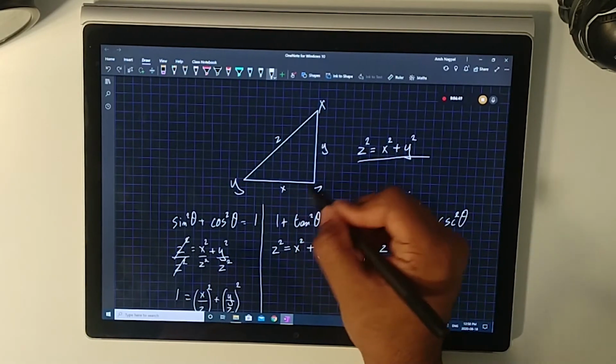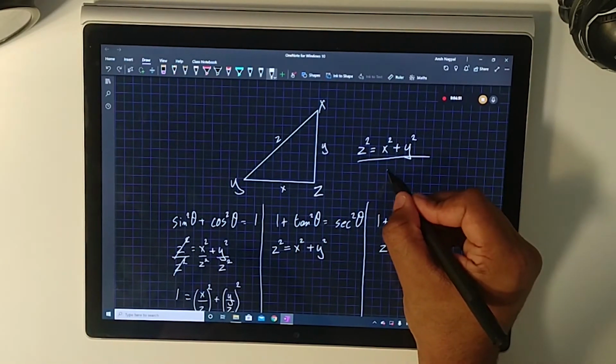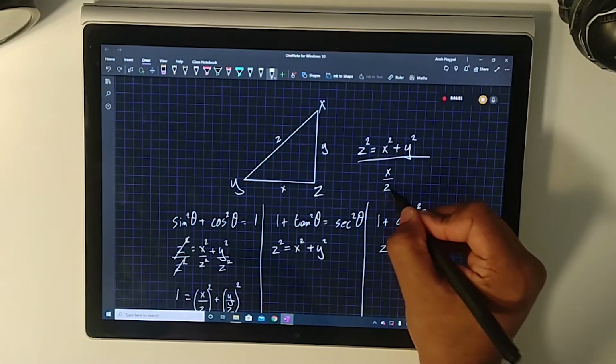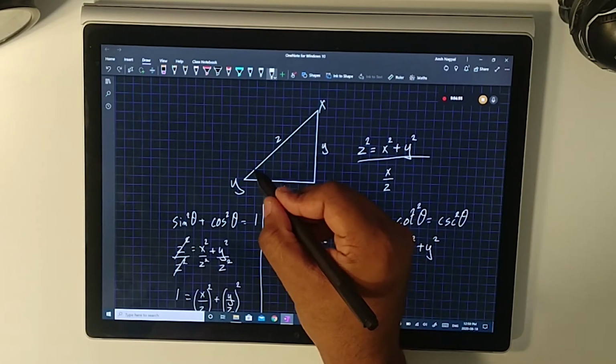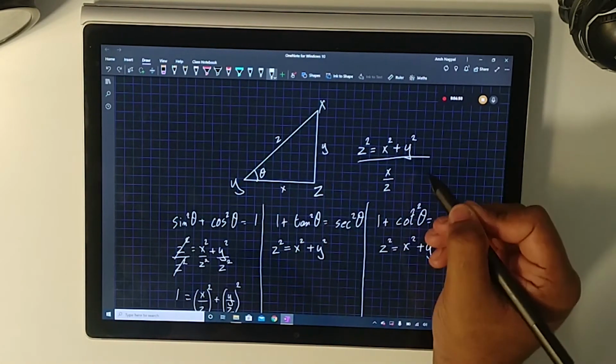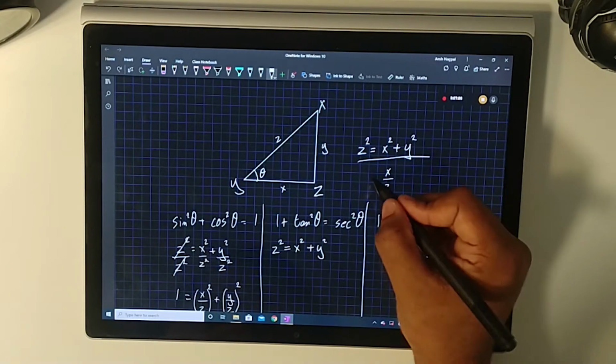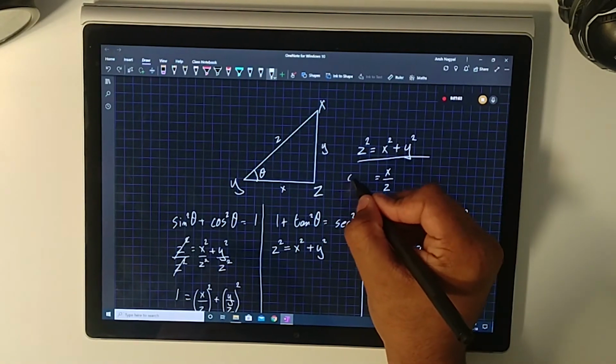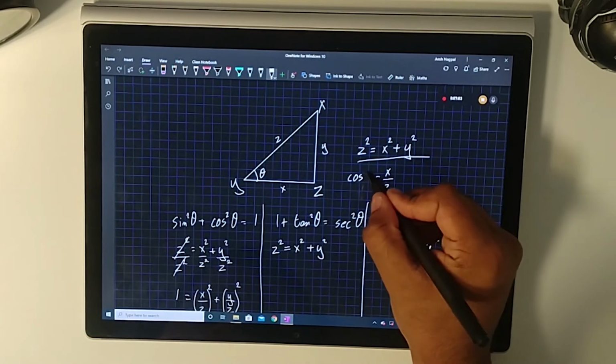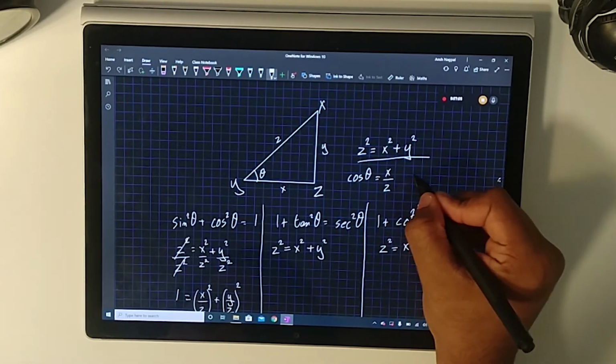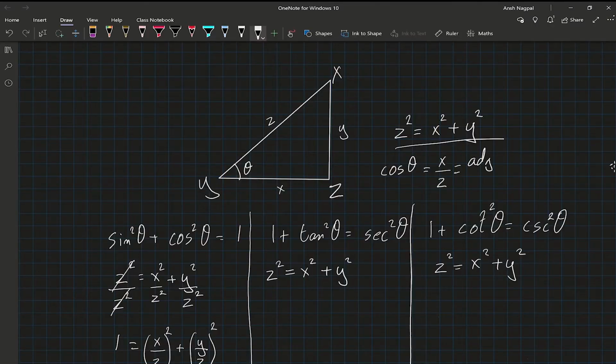So now what is x over z? In this triangle, if this is our angle theta, what is x over z? Yeah. So x over z would be our cos theta, because cos is adjacent over hypotenuse, right?